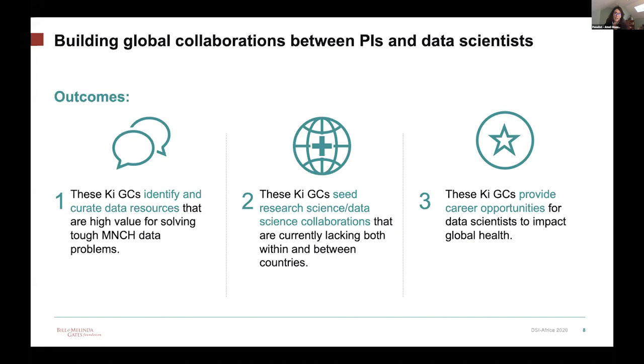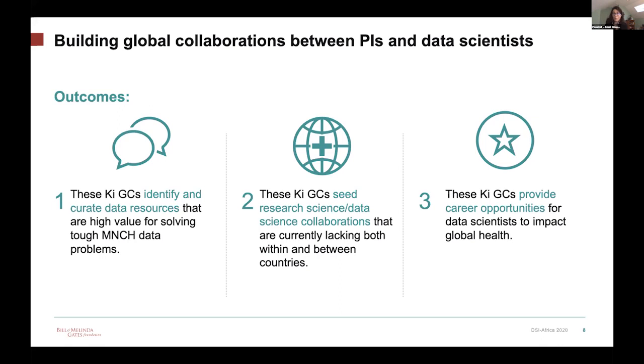And this KIGC program also offers career opportunities for data scientists who do not have a lot of opportunities in these regions to work on global health problems.